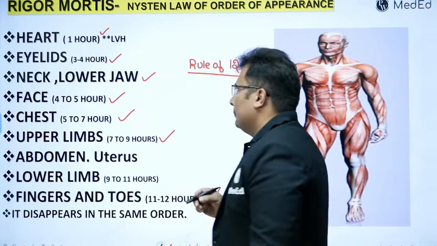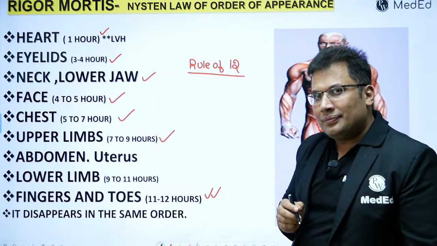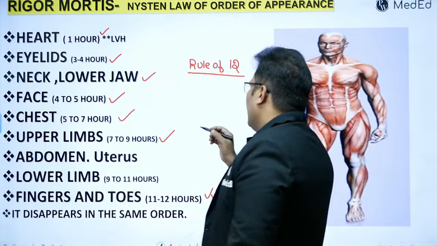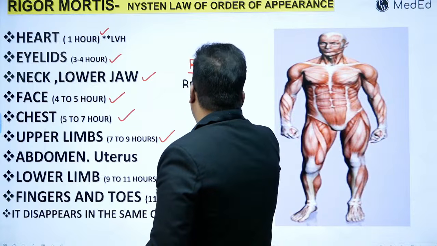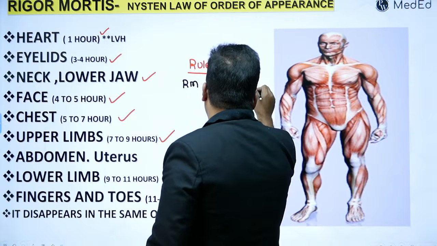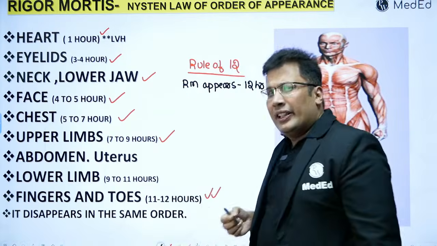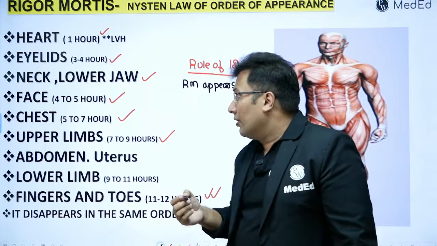Rule of 12. So what is the rule of 12 in rigor mortis? Rigor mortis starts within 3 to 4 hours. It appears completely within 12 hours.